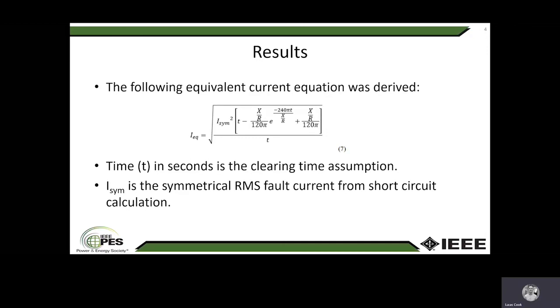This equation is dependent on time in seconds, which is your clearing time, the X over R of your fault current, and of course your symmetrical fault current, which would be the one we're currently mostly using in the industry, that you would get straight from your power system software.